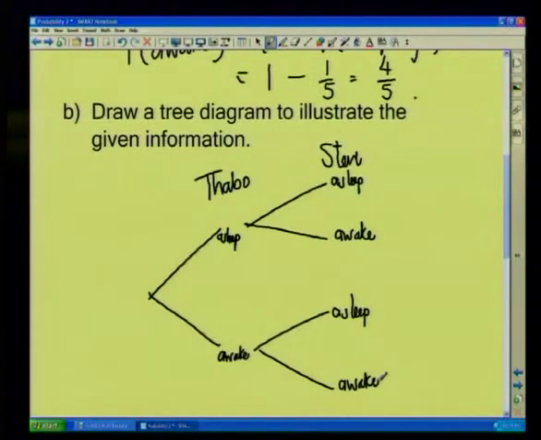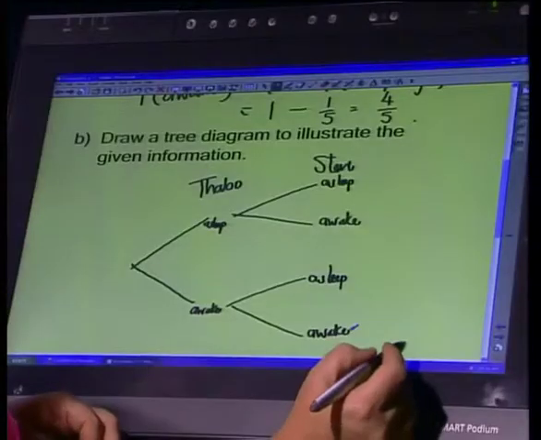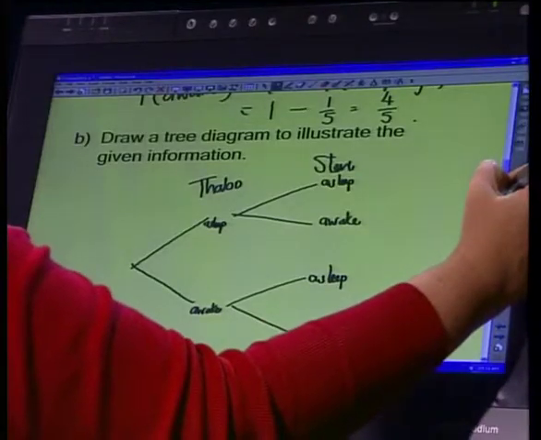Exactly the same as the other probability tree diagrams we've drawn. Can you see that they've got the same options for each of these two branches? So he can either be asleep first, and then Steve still has the option of being asleep or awake, or Tabo can be awake, and then Steve can be either asleep or awake. Right, now let's fill in the information that we know.